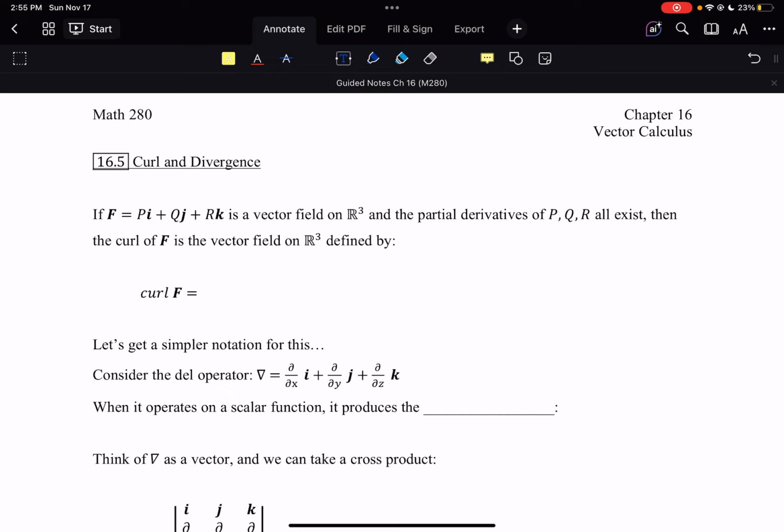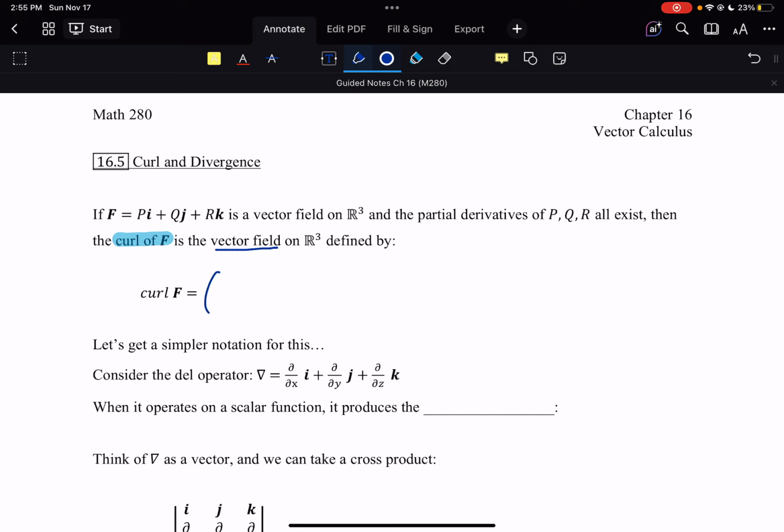So to start us off, if we have a vector field with components Pi plus Qj plus Rk on R3, and the partial derivatives of all of these exist, then the curl of F is the vector field on R3 defined by the following.